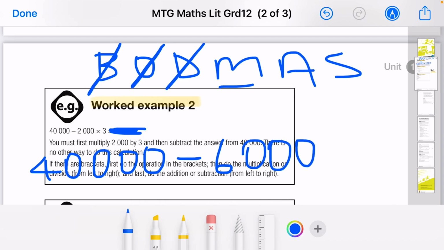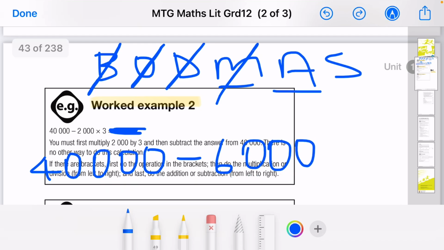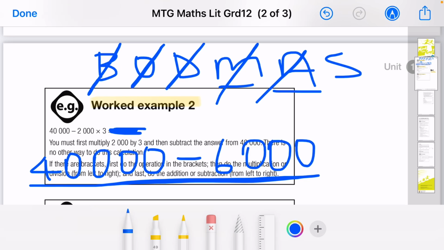Now that you're done with the multiplication, ladies and gentlemen, let's have a look if we've got an addition sign there. Do we have an addition sign? No. Then it means let's cancel it. So, ladies and gentlemen, remember, we now refer to your second step, not the original step.